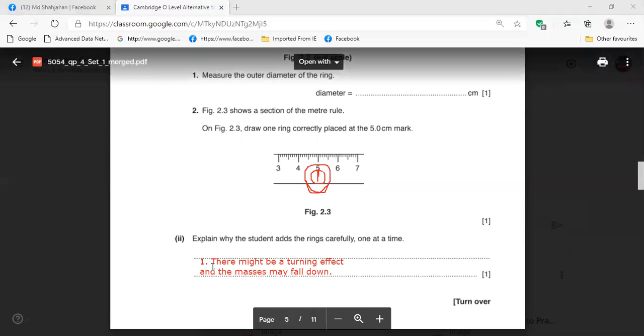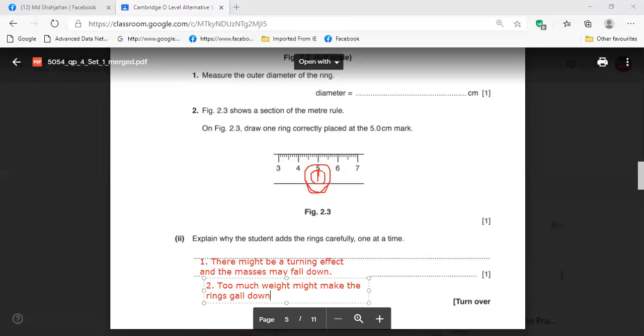I'm writing what you are saying. Say again. Too much weight might make the rings fall down. Yes.